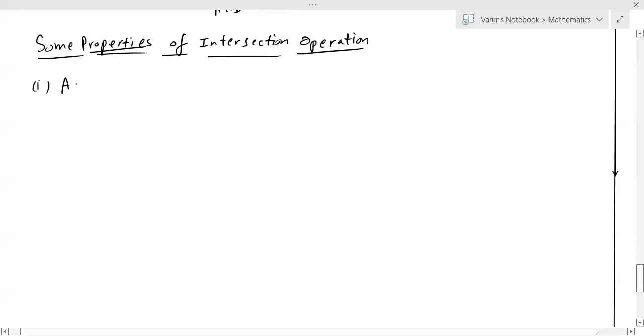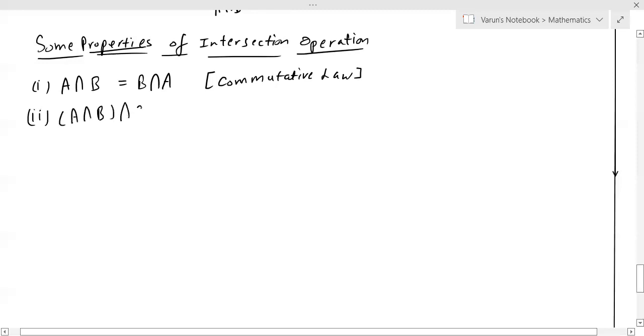First is A intersection B equals B intersection A. It is known as the commutative law. Then (A intersection B) intersection C is equal to A intersection (B intersection C). Just like the union operator, this is also the associative law.